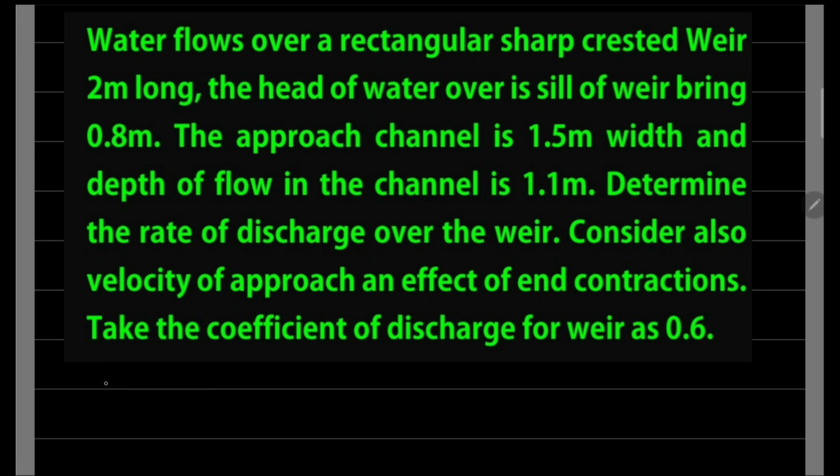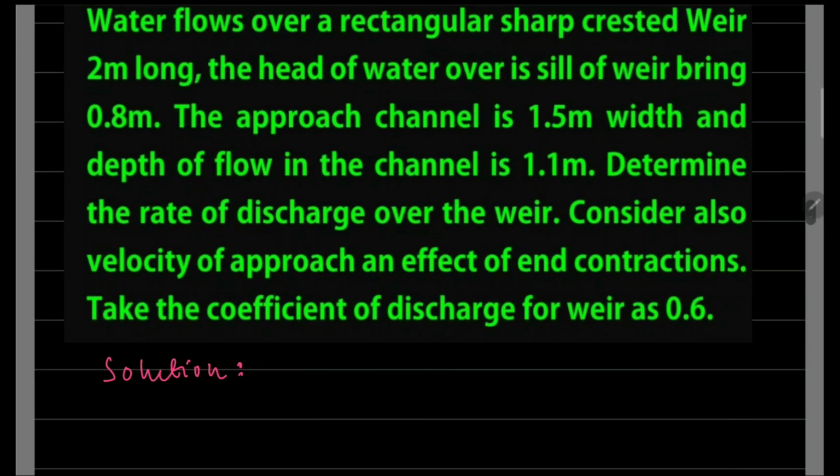So let's go for the solution of this one. Before starting the solution, we will write down all the given values. The important thing is that end contractions are available there. If a rectangular channel is available and end contractions are there, at the end there are two ends, so the end contraction will be 2. So this is 1 and this is 2. However, we usually denote the end contraction by a number n.